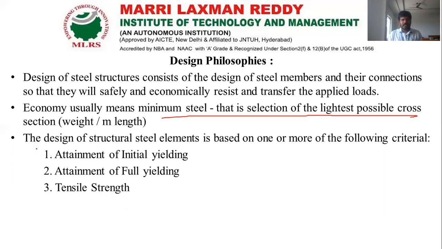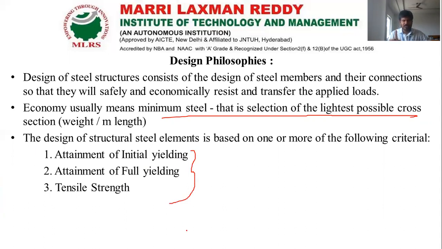Third one is that the design of structural steel elements is based on one or more of the following criteria. One is attainment of initial yielding. Second is attainment of full yielding. Third is tensile strength. Why we are saying these three criteria: structural steel has an elastic and a plastic state.